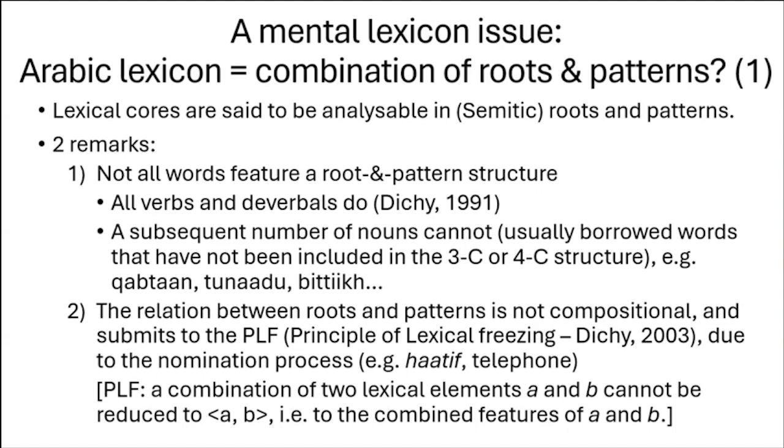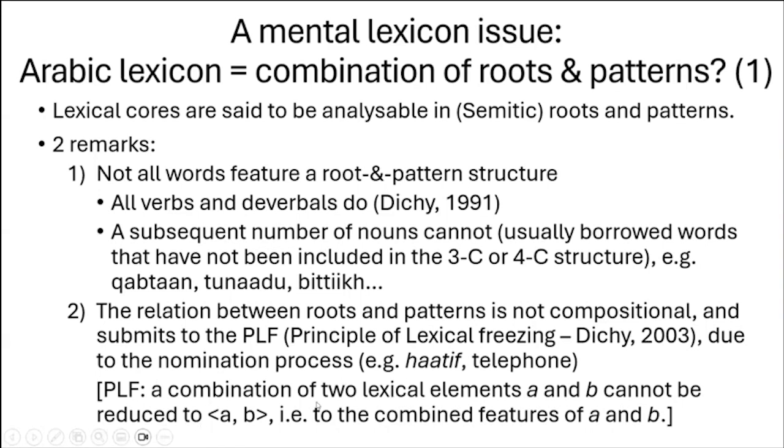So for telephone, they use the word hatif, which belongs to a root referring to a sound which is heard at a distance, from someone you can hear but can't see. So this has given telephone, and it works.